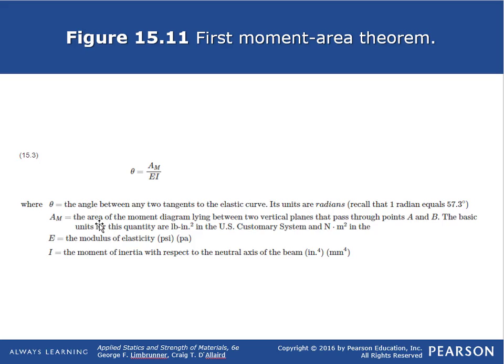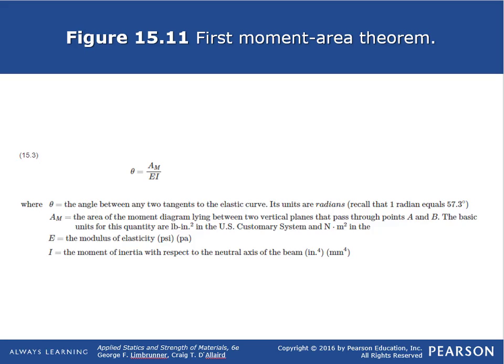A sub m is the area of the moment diagram lying between the two vertical planes that pass through points A and B. The basic units are pound inch squared or Newton meter squared. E, again, is the modulus of elasticity, and I is the moment of inertia with respect to the neutral axis. So this gives us the angle between two tangent lines.